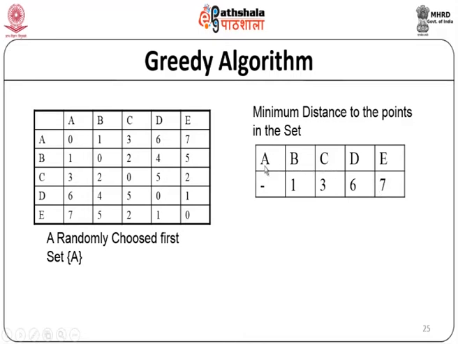So, A is separated at a distance of 7 with respect to E, with respect to D it is at a distance of 6, with respect to C at a distance of 3 and with respect to B at a distance of 1. So, the next element that will be chosen as medoid will be E. Now, this is very important.